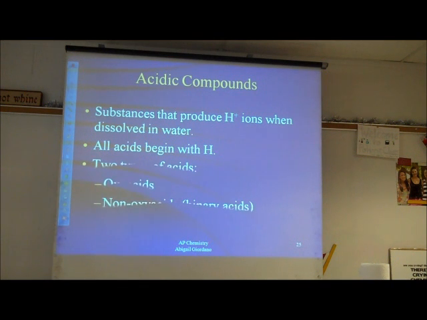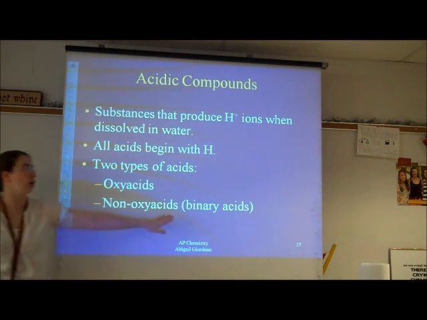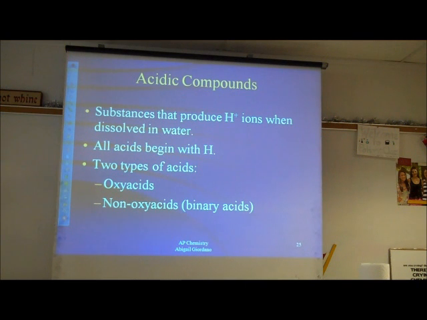And we have two types of acids: oxyacids and what I call binary acids. An oxyacid is exactly what it sounds like. It's an acid that has oxygen in it. And for our purposes in here, that is pretty much going to always mean hydrogen joined to one of our polyatomic ions.